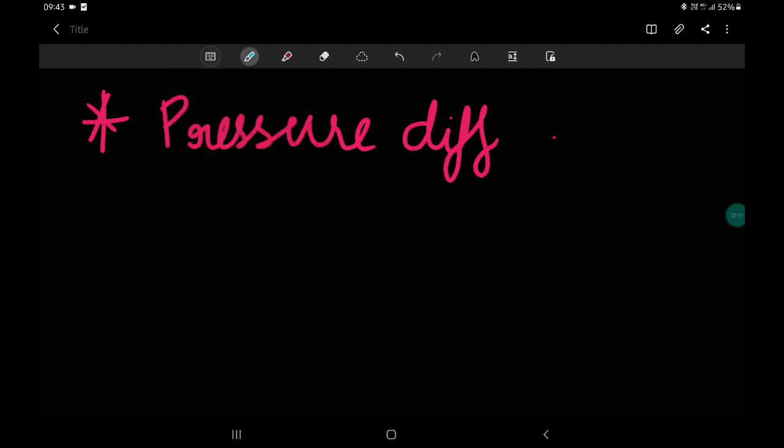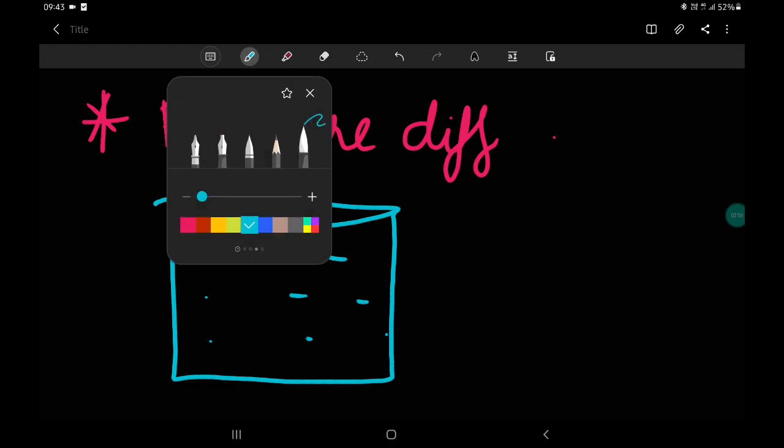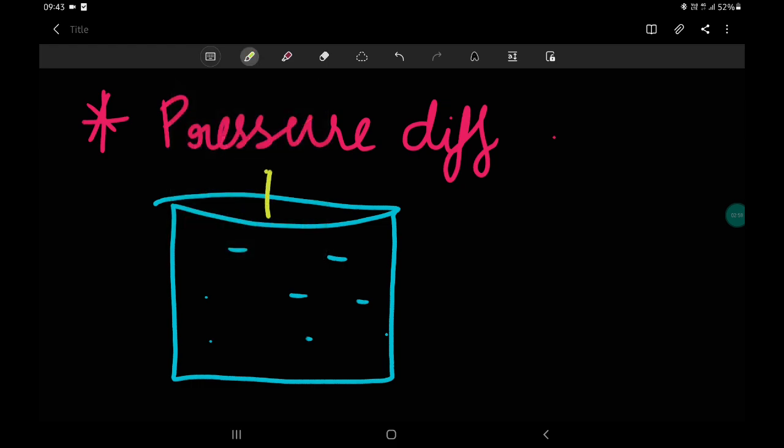Suppose you have a beaker like this, and this fluid is filled in it, and here you will have the atmospheric pressure, that is P naught, because the surface of the fluid is in contact with the air.